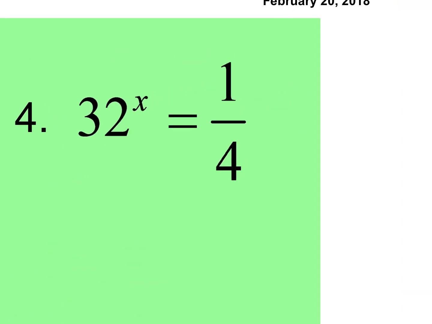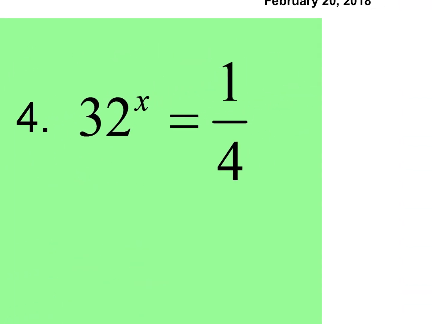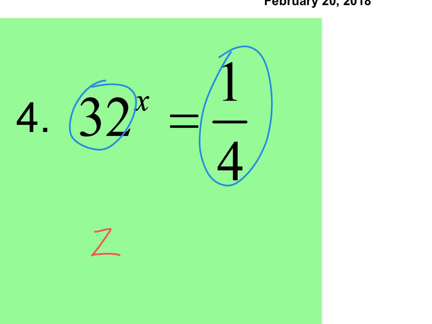Same idea here. You're not going to make this into a base of 1/4. You're not going to make this into a base of 32, but they could both be a different power of 2. What if I tell you that? 2 to the something and 2 to the something.